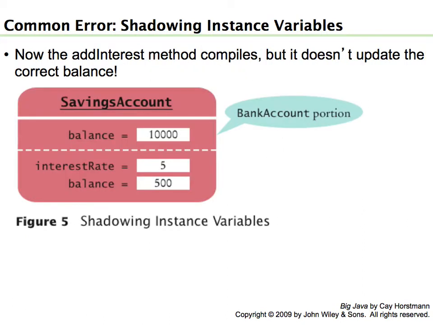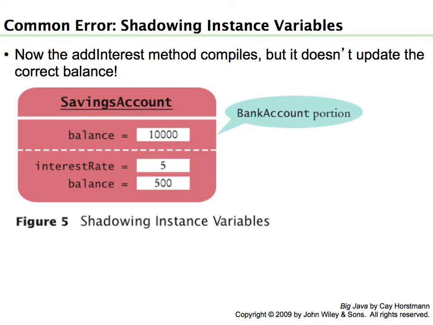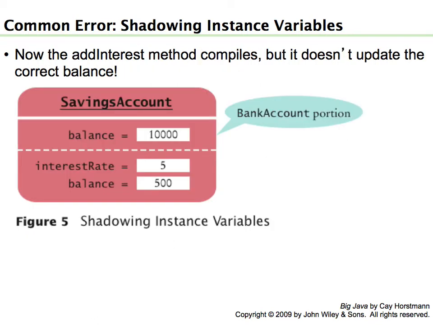Because you miss the represent the data in the class, and things are not gonna work the way you want. So do not use the same name in the subclass as a variable name in the superclass. And we made the same comment before when we talked about methods. We said do not use a variable inside the method that has the same name as a class variable. This same concept here applies.